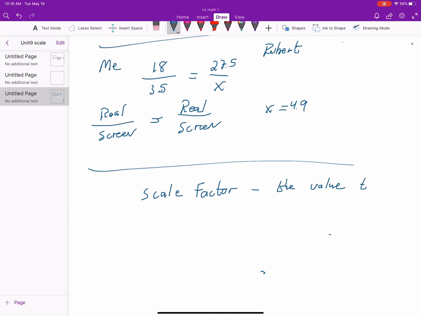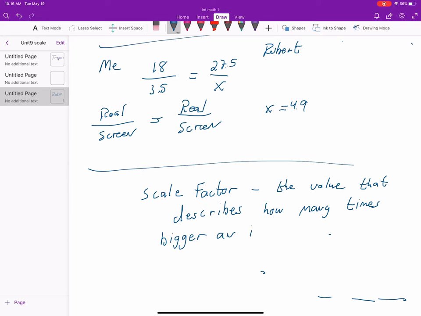It's a value that describes how many times bigger an image is to the pre-image. That's basically what a scale factor is.